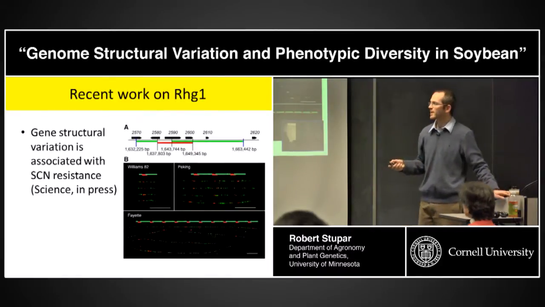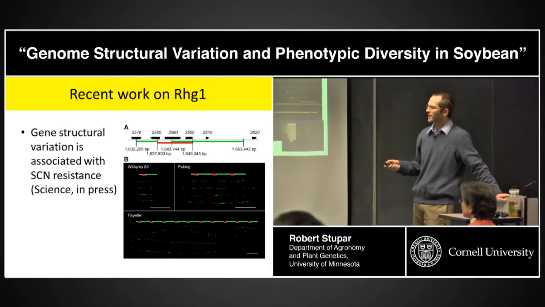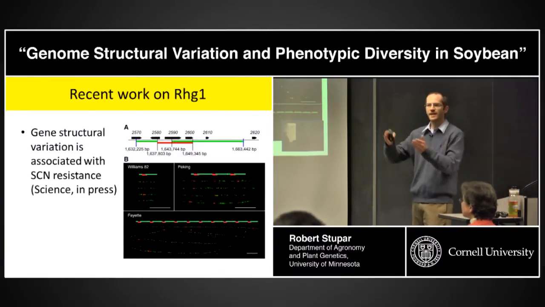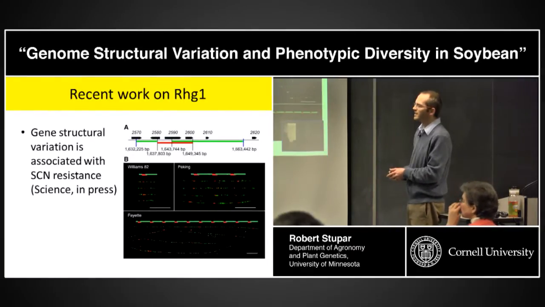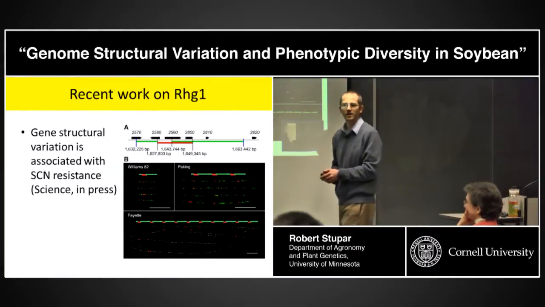If you look at Peking, which is somewhat resistant, they find 3 copies of that 30 kb segment in tandem. This is fiber-FISH data, by the way, in case you're wondering how they figured out this arrangement. And then in the highly resistant line, Fayette, they found 10 copies of this cluster.